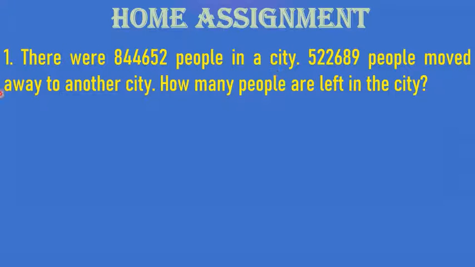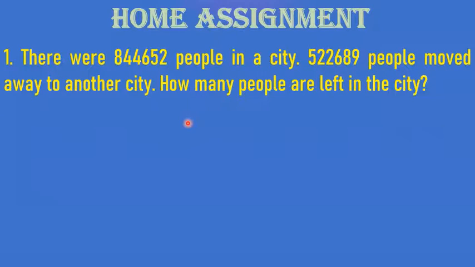Anyone you can write. If you write number of people were in a city, then it will be clear for you, children. And here number of people moved away to another city. And third step, number of people are left in the city. You have to write those steps and you have to write the numbers according to that. And then you have to subtract.